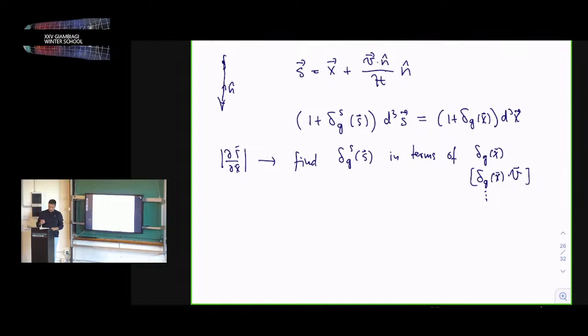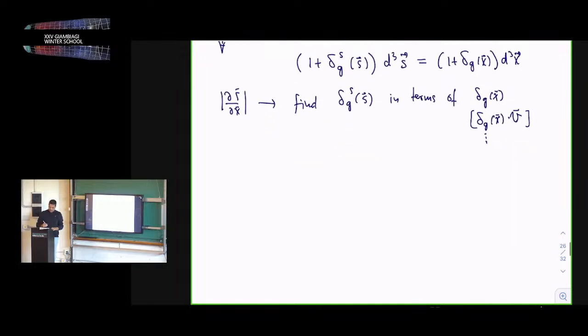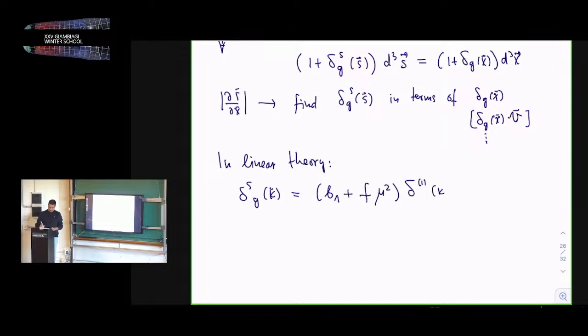but for instance, again in linear theory, just to make some connection with what you probably know, this delta_g in redshift space of k, let's say you do it in Fourier space, is equal to b1 plus f mu squared times delta matter, basically the linear field, where mu is defined as the cosine of the angle between the line of sight and the wave number k.